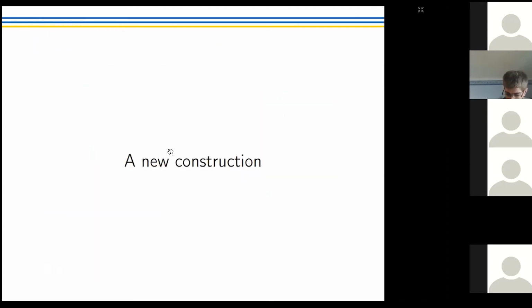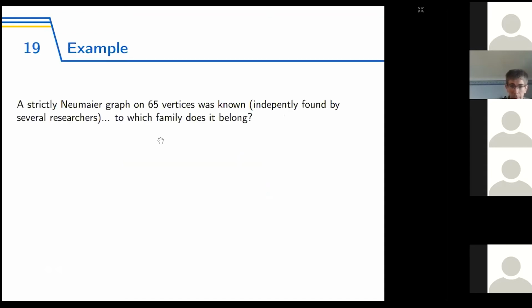Okay, where do we come in this existence picture? Well, a strictly Neumaier graph on 65 vertices was known, and it was known to several researchers.